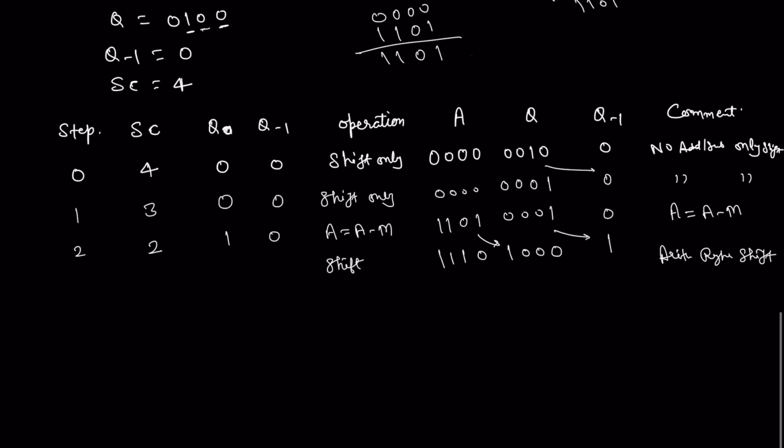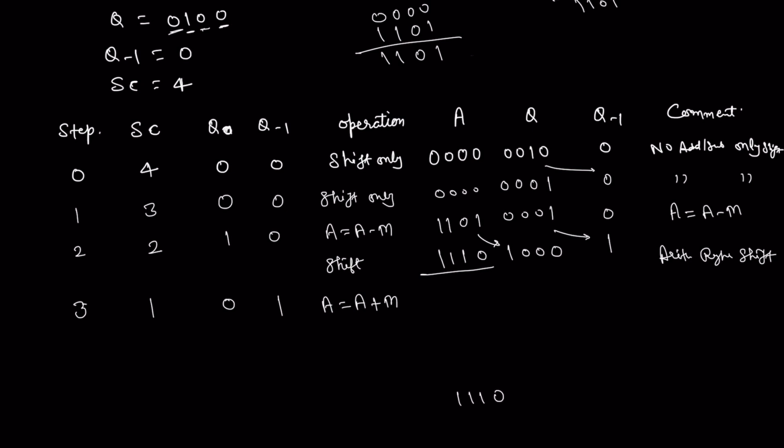Next step, the step counter will be 1. This 0 will come here, 0 1, so we have to add to the accumulator. What is the accumulator value? 1110.